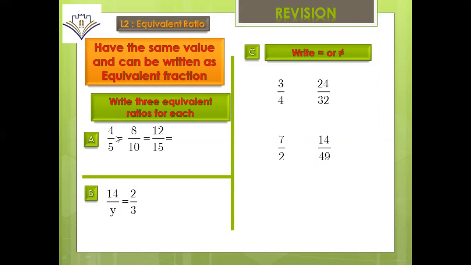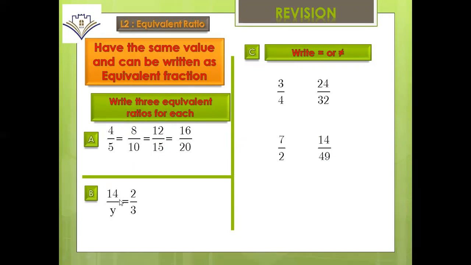Both of them multiplied by 3. Then 4 multiply 3 equals 12, and 5 multiply 3 equals 15. We can get another, multiplied both by 4. Then 4 multiply 4 equals 16, and 5 multiply 4 equals 20.